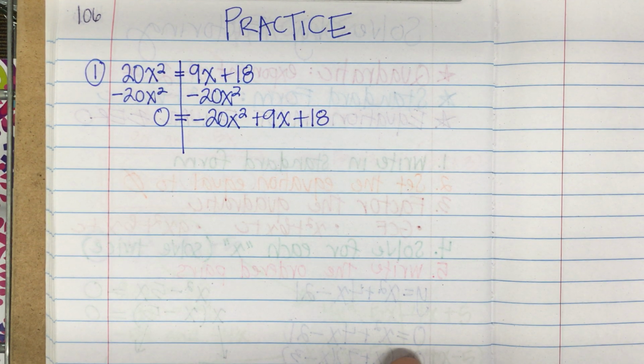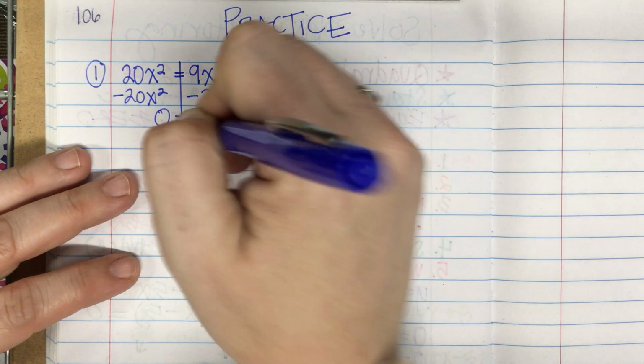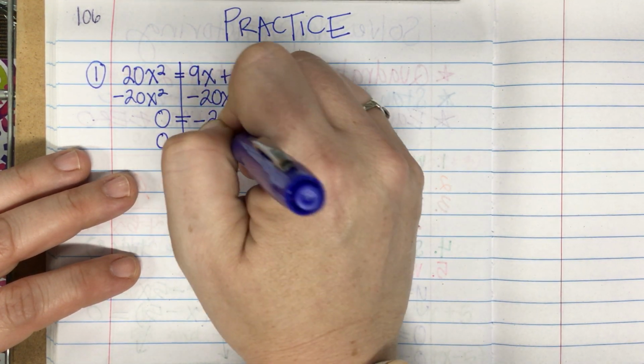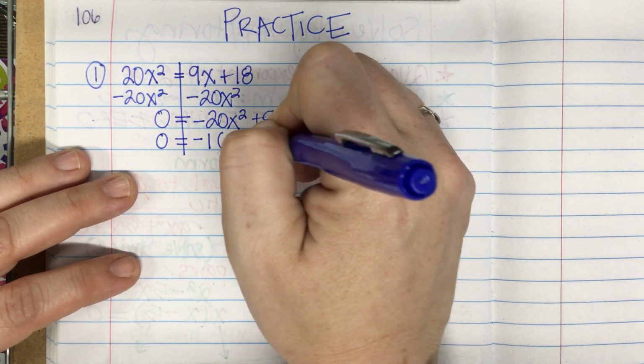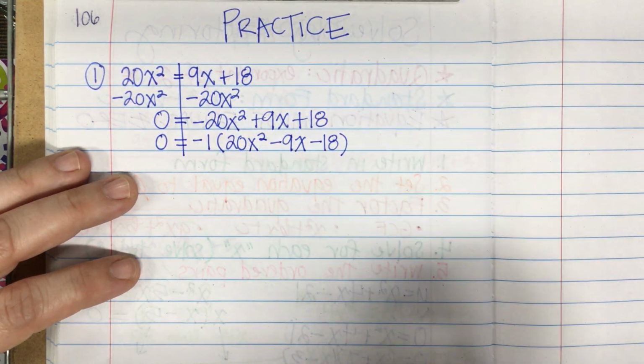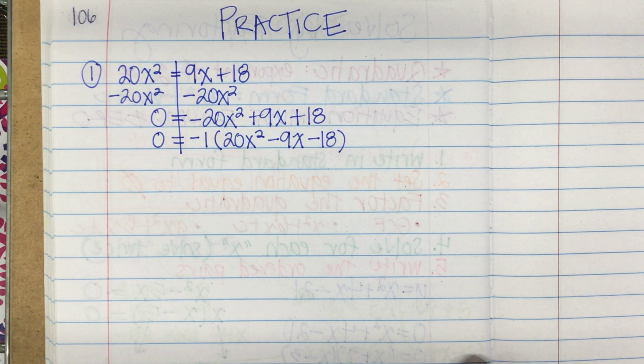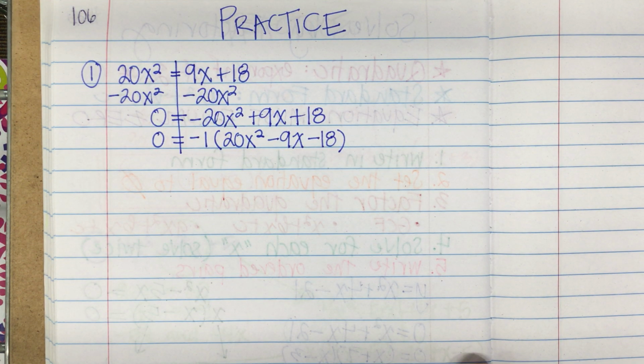What else can I do to factor this one? Factor out your negative. So it's going to be 0 equals negative 1 times 20x squared minus 9x minus 18. And there's no other GCF, right?